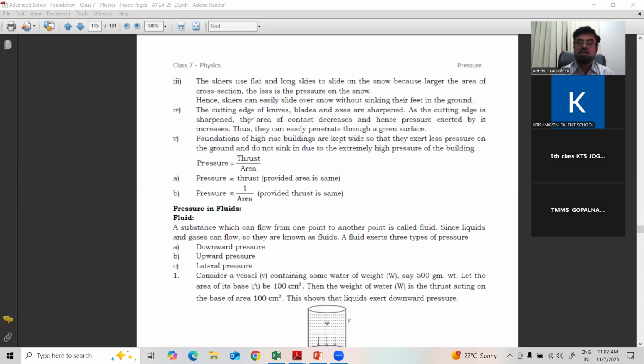Whereas skiers slide easily because of the skis, which have a wide area. And of course, the knife and axe are always kept sharpened, because as they are sharpened, the area of contact decreases, so the pressure increases to do our work easily.